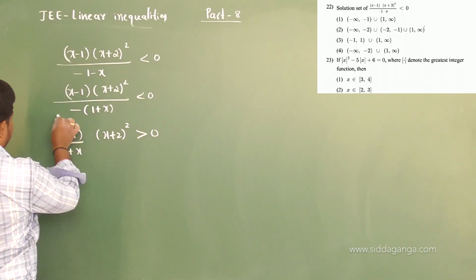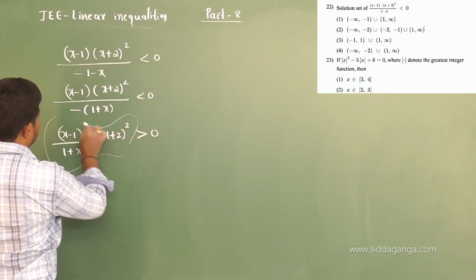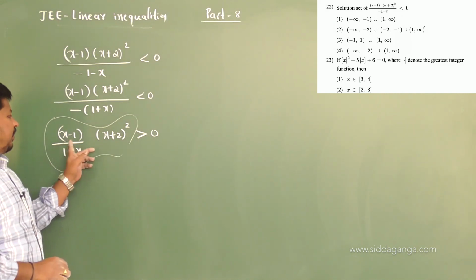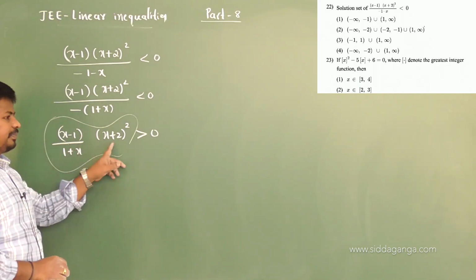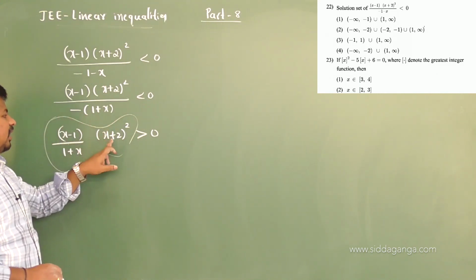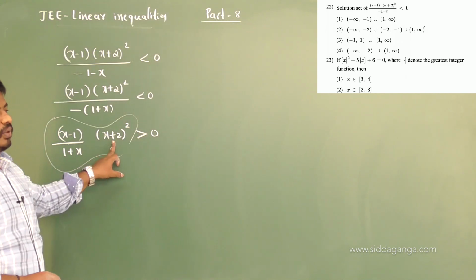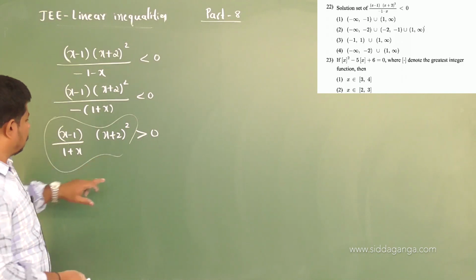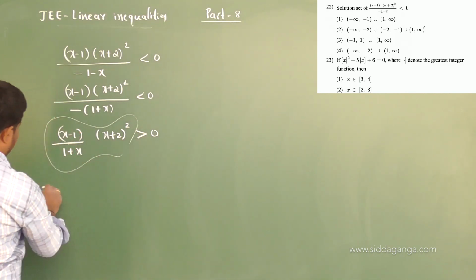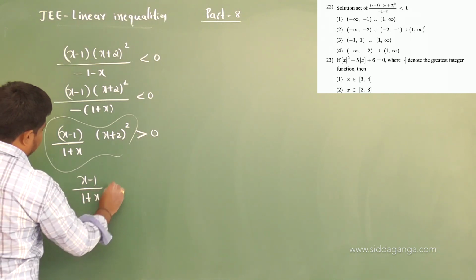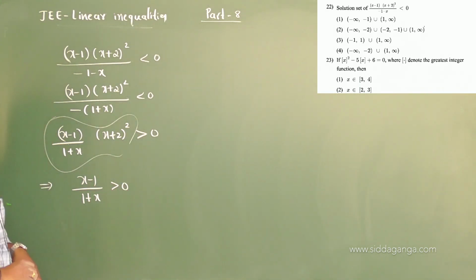Now this whole thing is positive only when these two are positive or negative, right? This is positive and this is positive, or this is negative and this is negative. This cannot be negative because this is a square, and the square of any number is positive. So this is positive, therefore x minus 1 by 1 plus x must be positive, right?